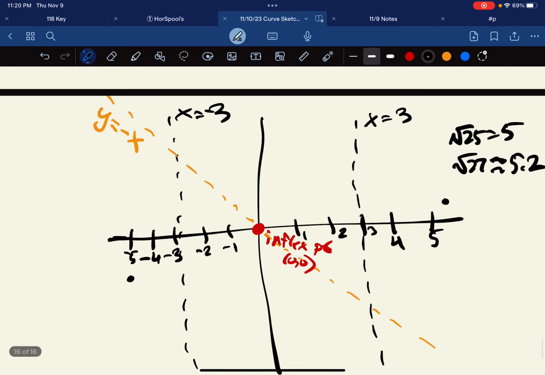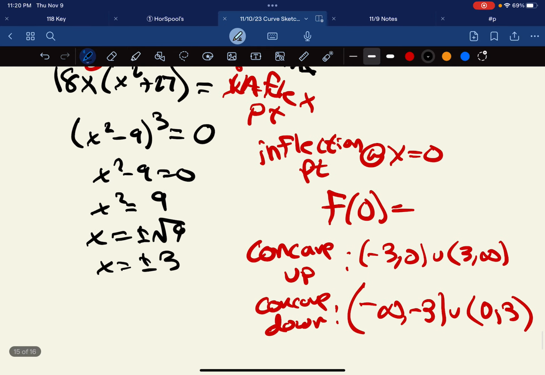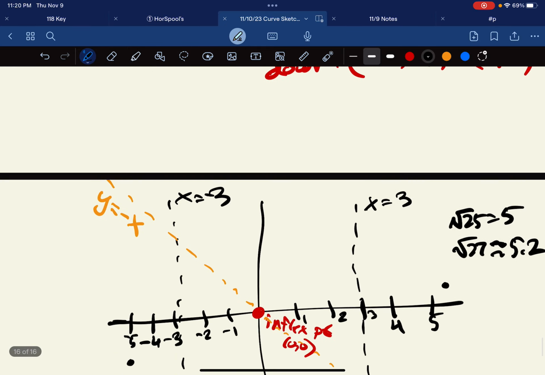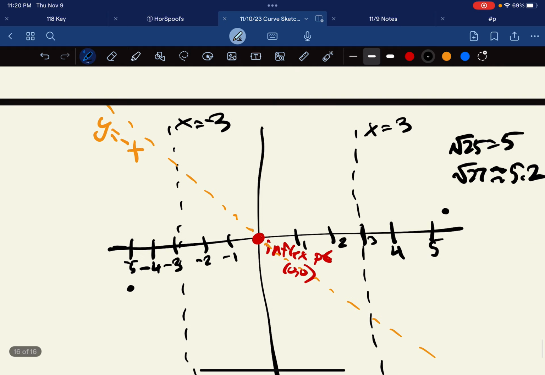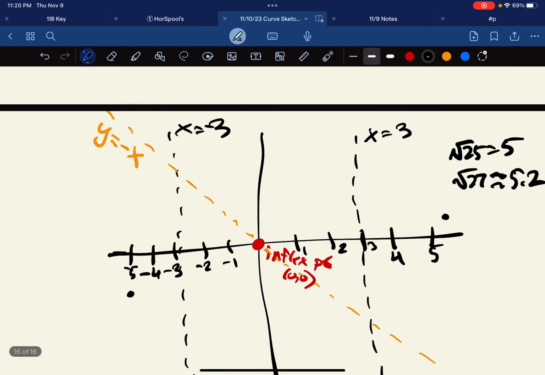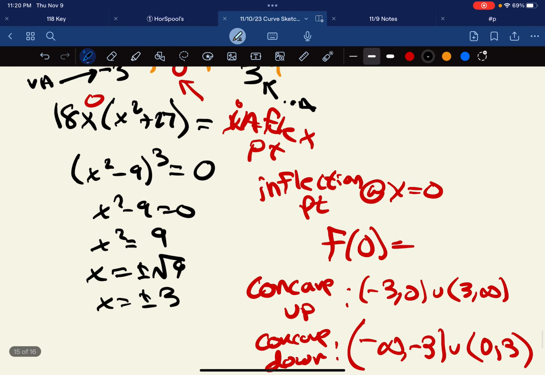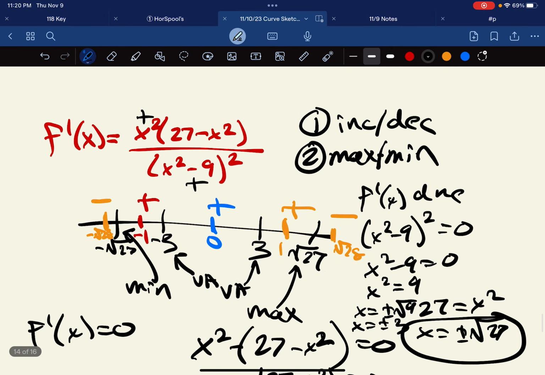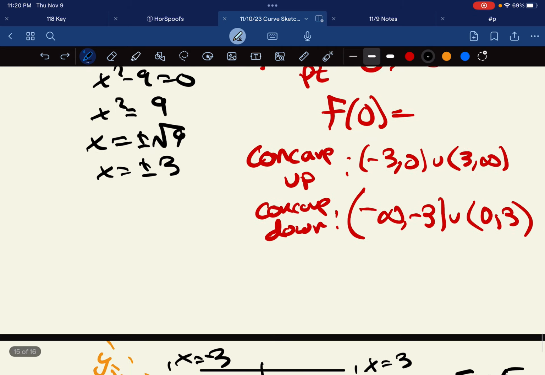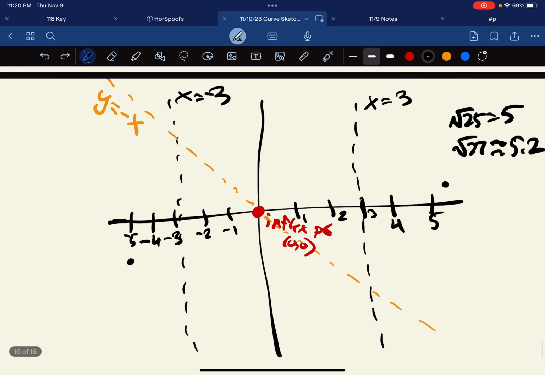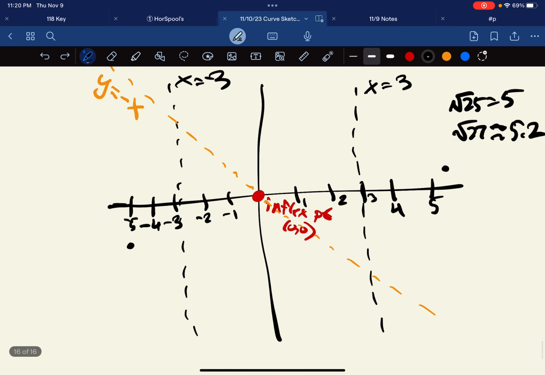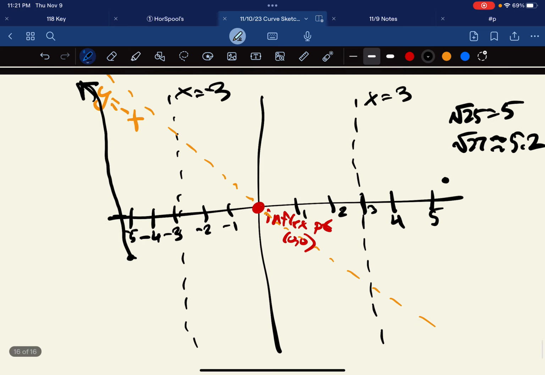And so now we have our inflection points, we have our maxes and mins, and then now we can use our intervals of increasing and our intervals of decreasing to fill in the gaps. So we know that from negative infinity to negative square root 27, we are decreasing. So we could say we're like coming from here. And remember, we follow that asymptote.